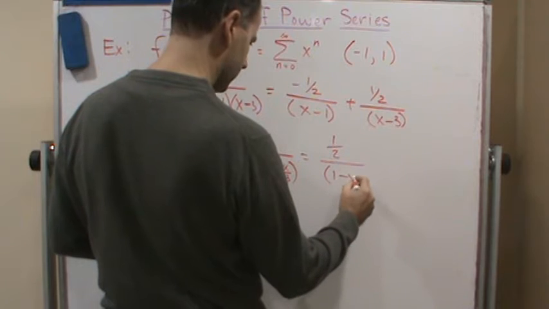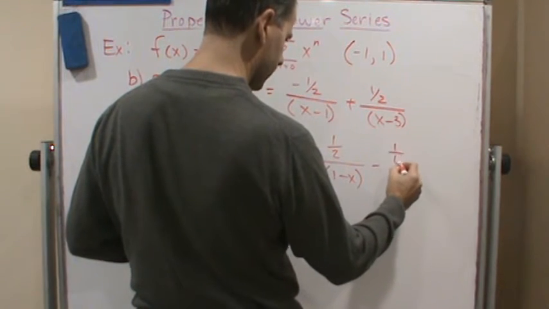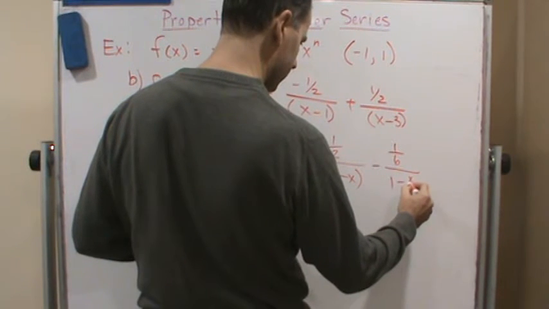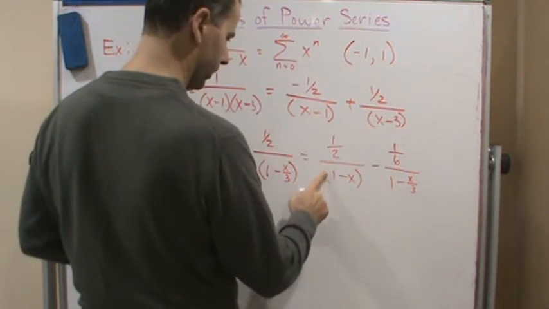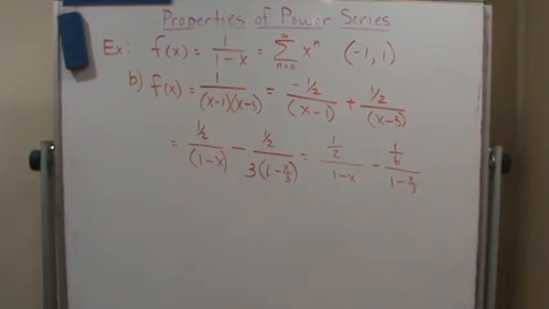So this is 1 minus x minus, this is going to be 1/6 over 1 minus x over 3. So I'm going to drop the parentheses. Okay, so now that's what I have. So far it's just been algebra manipulation.